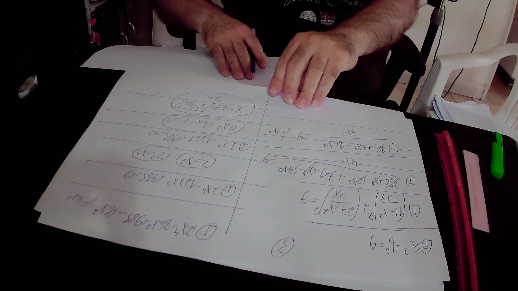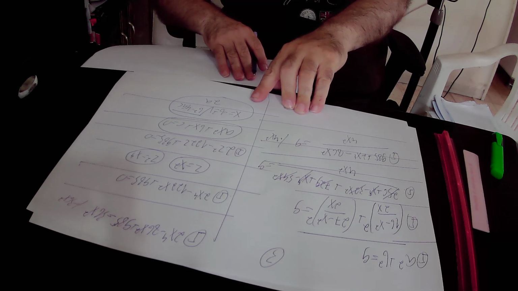So we put the data inside the formula and we find the values of z.